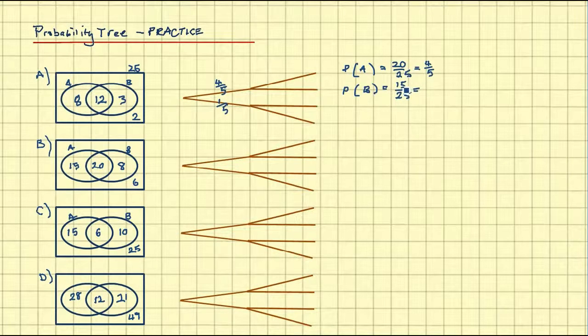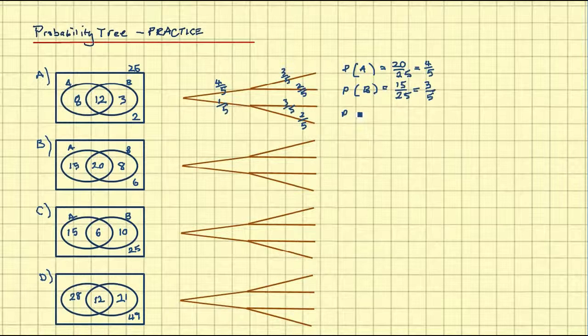And so we can simplify this to 3 fifths, so just simplifying fractions. So probability of B must be 3/5, and that makes sense, 4/5 and 3/5. This branch here then, because these two branches must add up to 1, has got to be 2/5, and I'm going to assume independent probability, so these numbers will be the same.